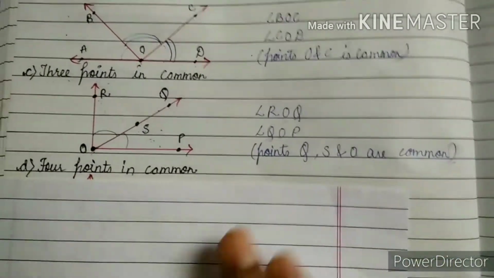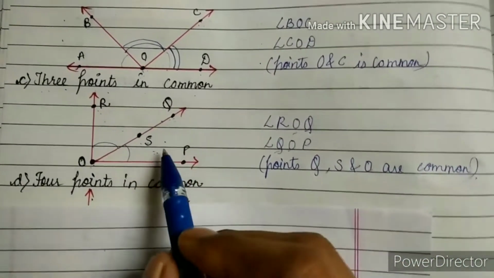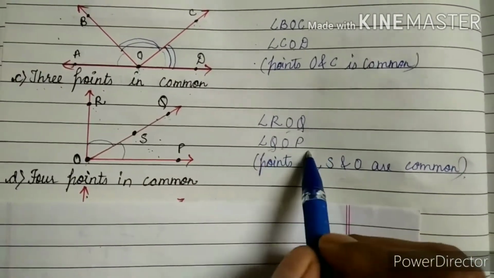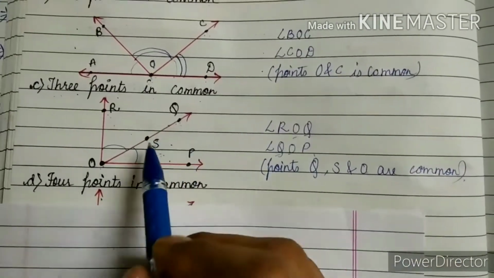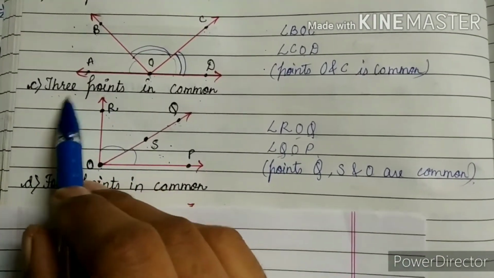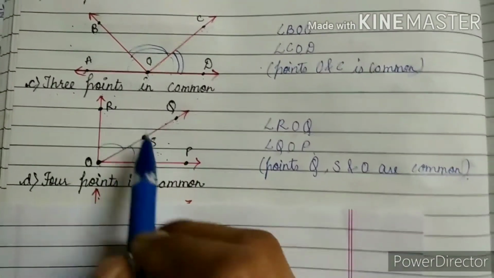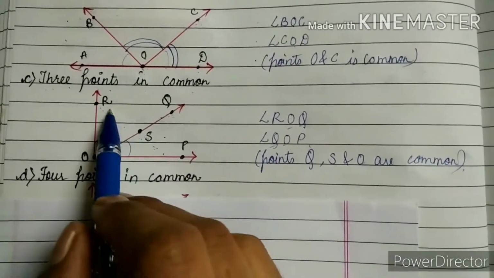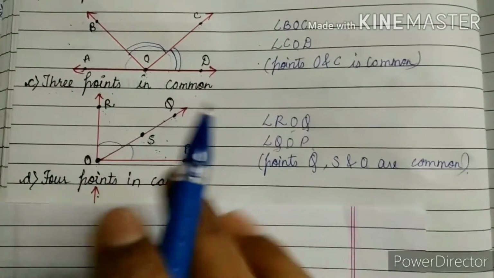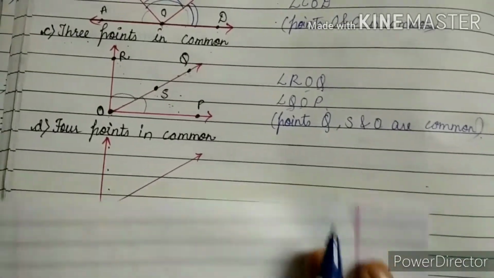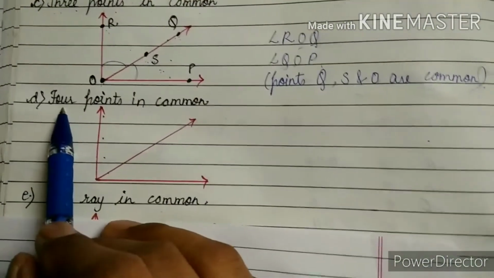Don't get confused, because in the angle name S is not coming, but S is a point, because they said to show point names, that's why S is common. If they ask to show angle names, at that time S is not in the angle name. Don't get confused. Same as in question D, they show 4 points.